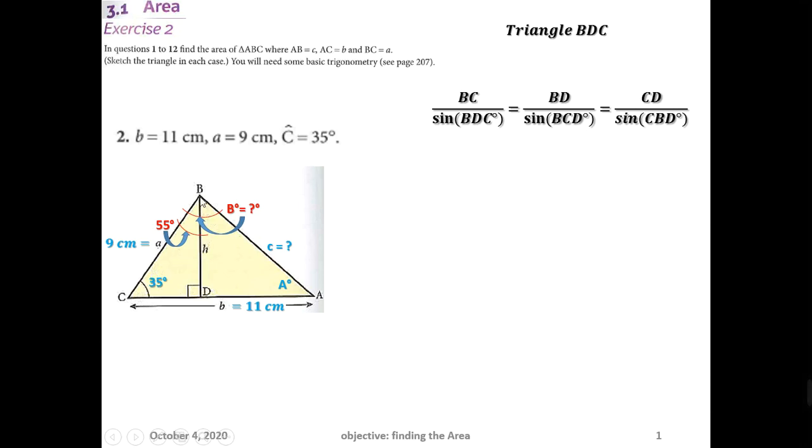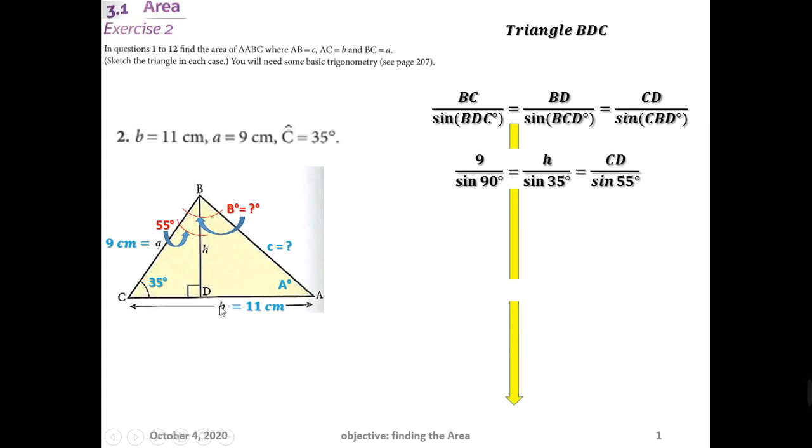Then BD is actually equal to H, so we're going to replace it with H over sine of 35 is equal to, side CD is unknown, so it's going to stay as CD over sine of angle CBD, which is 55.